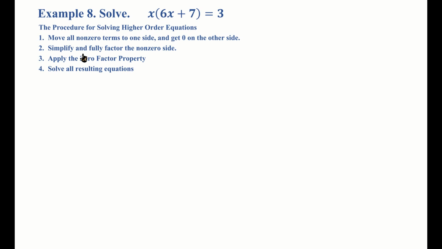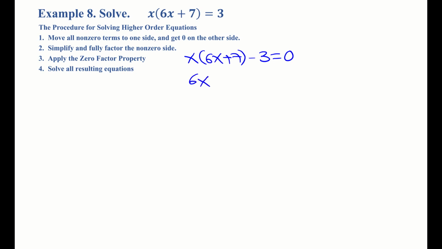So we're going to follow all the steps. We're going to move all the terms to one side, get 0 on the other side. So we have x times 6x plus 7, and we'll bring the 3 over, so minus 3 equals 0.